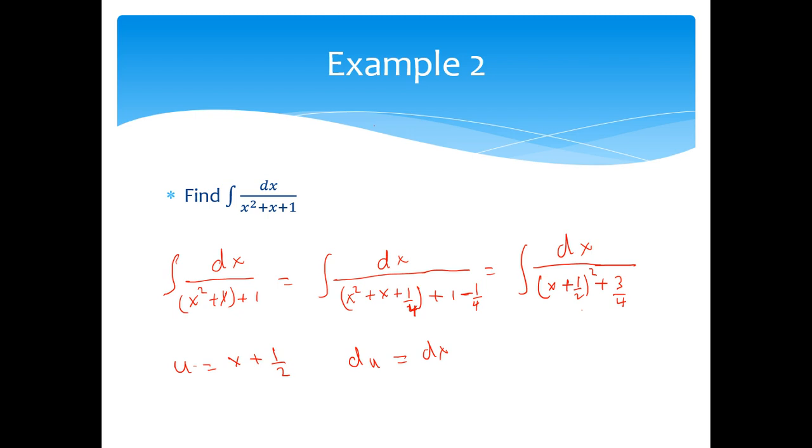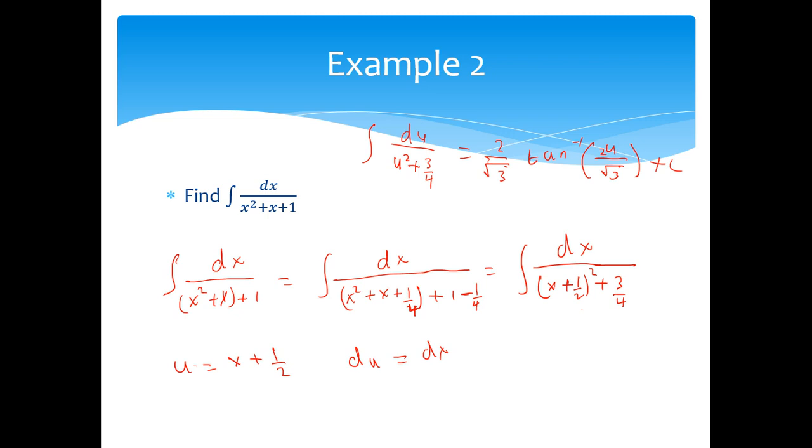So my integration is going to be equal to the integration of du over u squared plus 3 over 4, and that should give 2 over square root of 3 tan inverse of 2u over square root of 3, plus c.